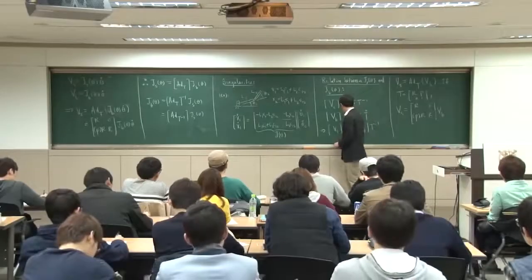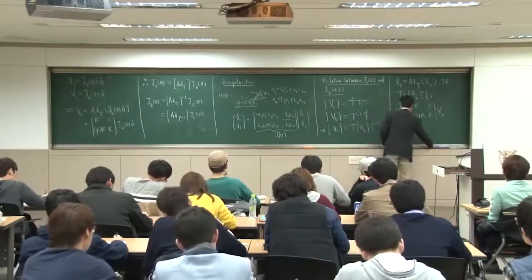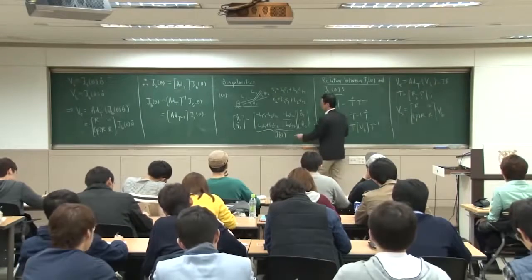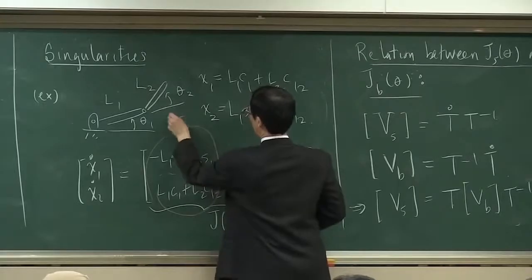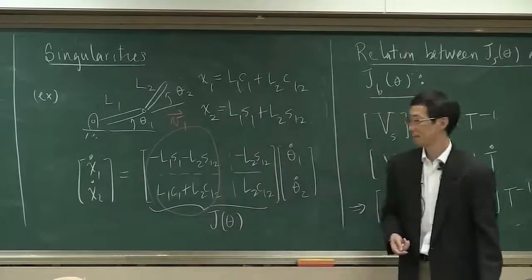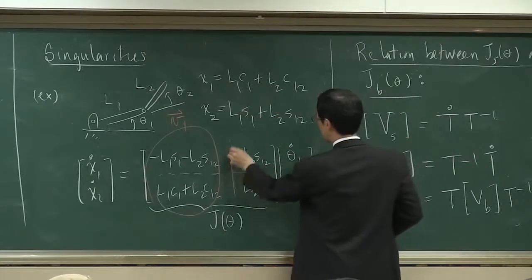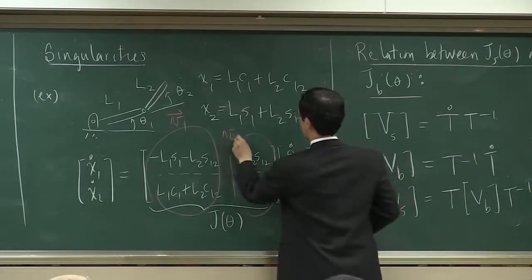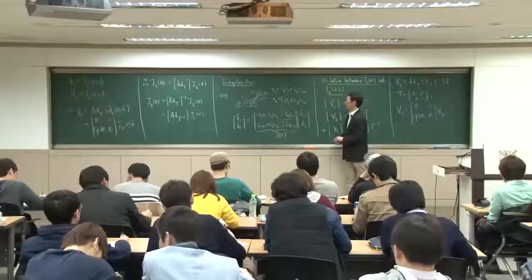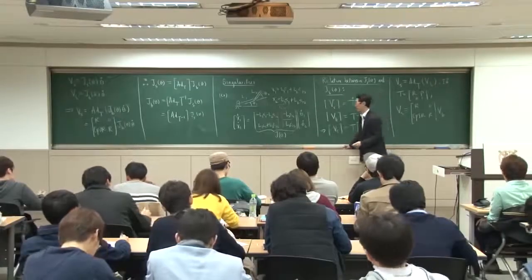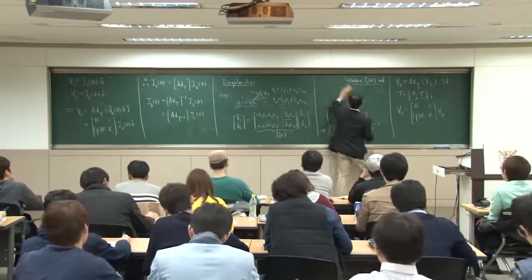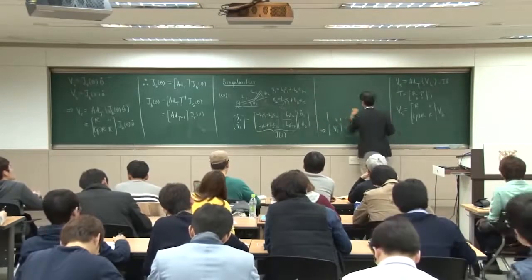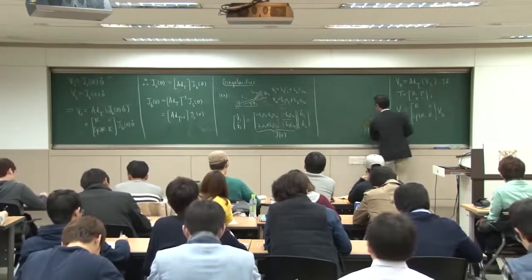Now let me call this vector v1, and let me call the second column v2. The reason I'm doing that is because I want to be able to write x dot as a linear combination of v1 and v2.